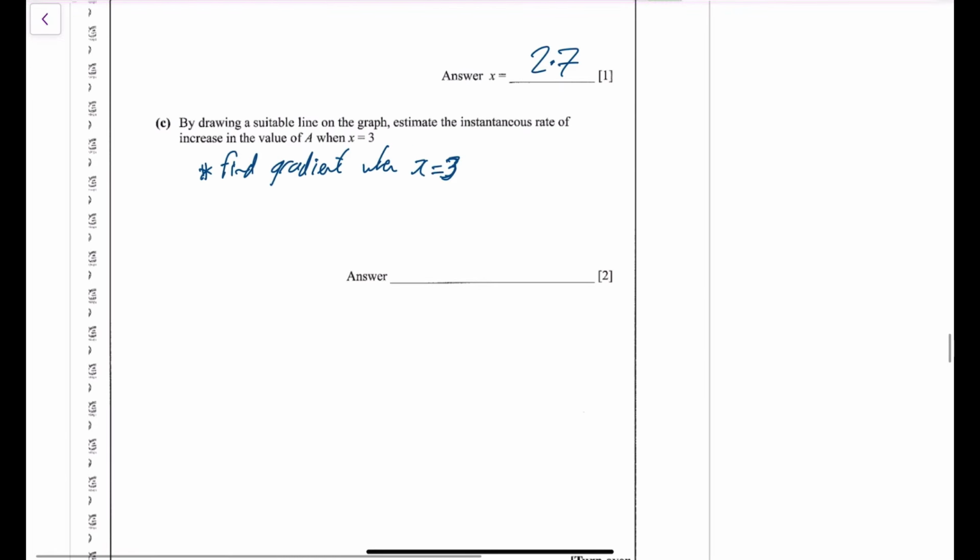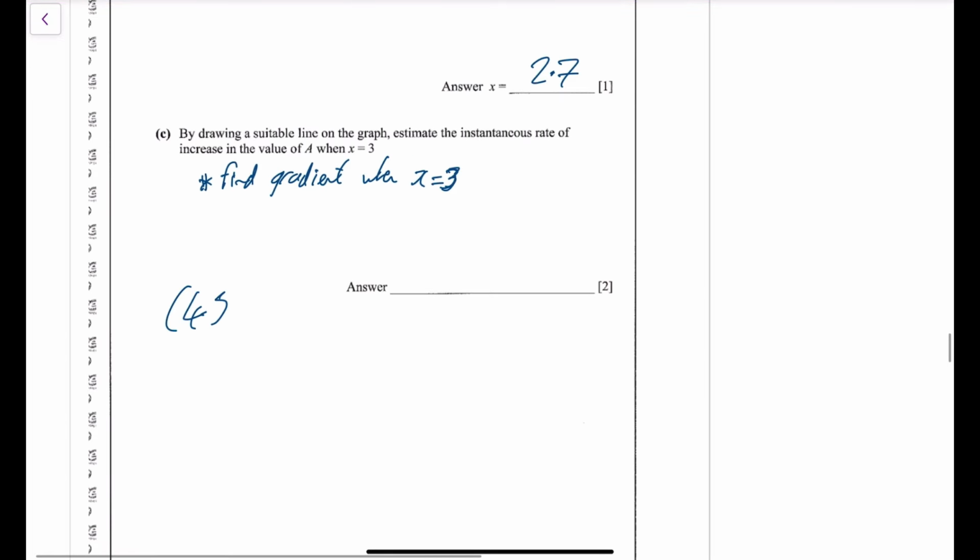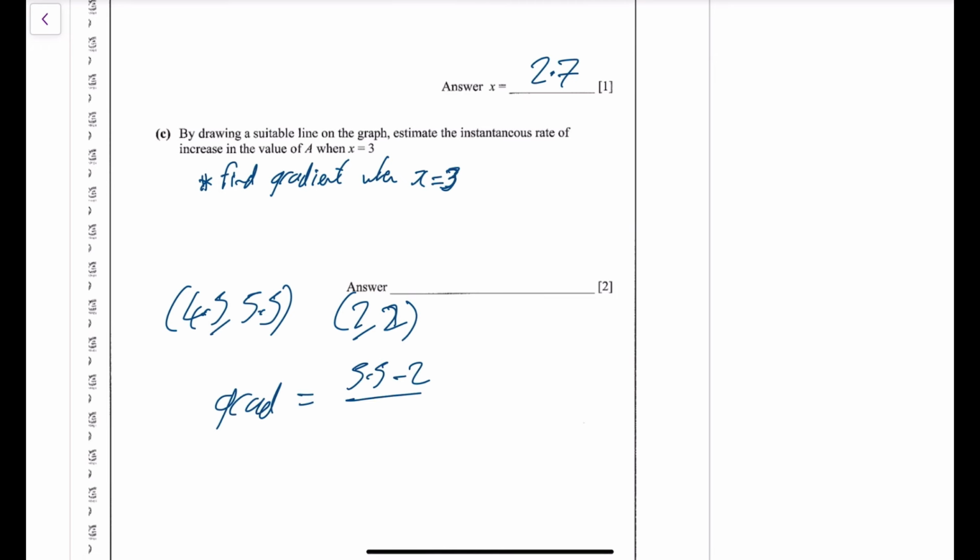My points were 4.5, 5.5, and 2.2. So my gradient, y difference over x difference, is 5.5 minus 2 over 4.5 minus 2, which works out as 3.5 over 2.5. Calculator exam, what am I doing? That worked out as 1.4.